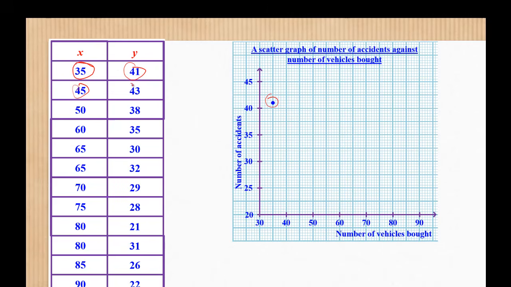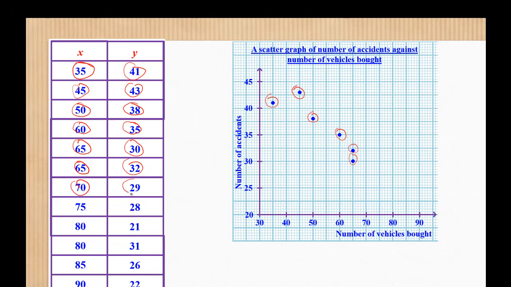X is 45, y is 43. X is 50, y is 38. X is 60, y is 35. X is 65, y is 30. X is 65, y is 32.